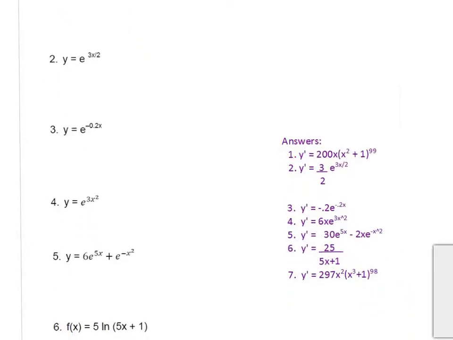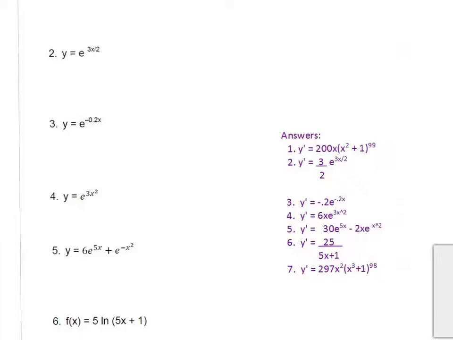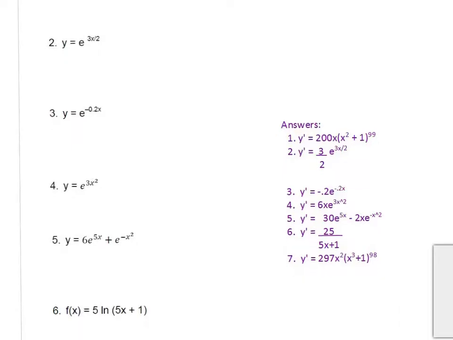Okay, so here are the answers to all 7 problems. Number 1 is a repeat from the prior page, so I'm not going to redo that one. For number 2, the inside function is 3x over 2. So the derivative is the derivative of 3x over 2, which is just 3 over 2. And then the derivative of e is itself.